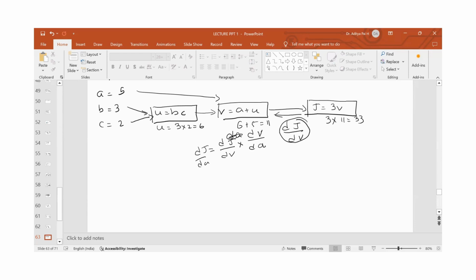In short form, in programming, I mention it as dV, and this complete thing is mentioned as dA.